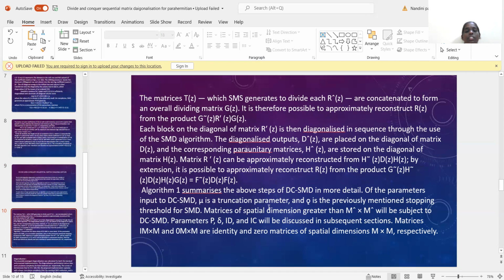Matrices of spatial dimension greater than M bar by M bar will be subject to DC-SMD. Parameters P, gamma, ID, and IC will be discussed in subsequent sections. Matrices I(M×M) and O(M×M) are identity or zero matrices of spatial dimensions M×M respectively.